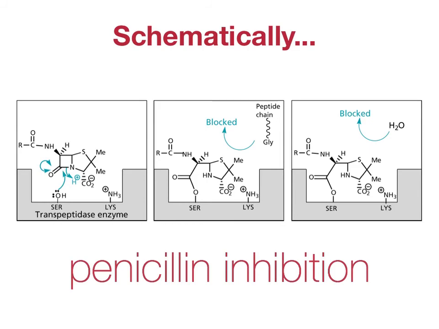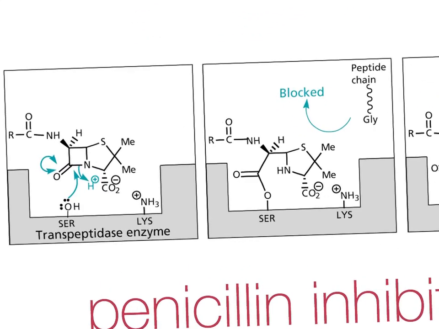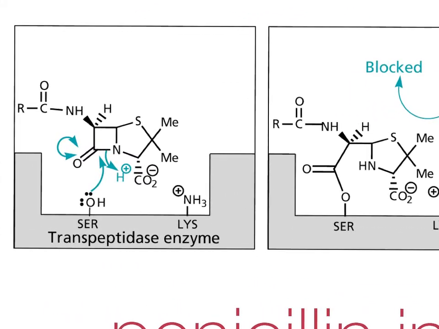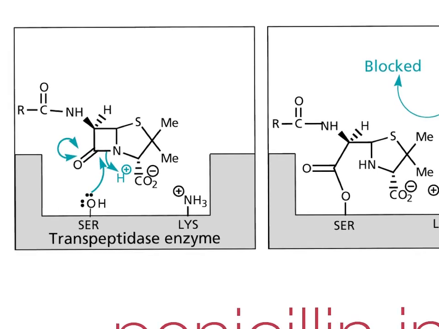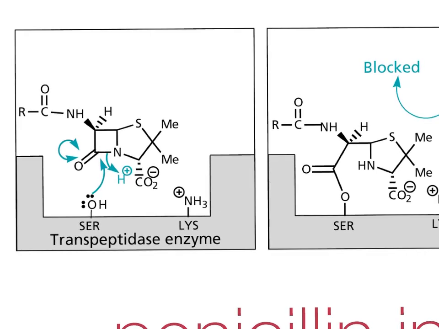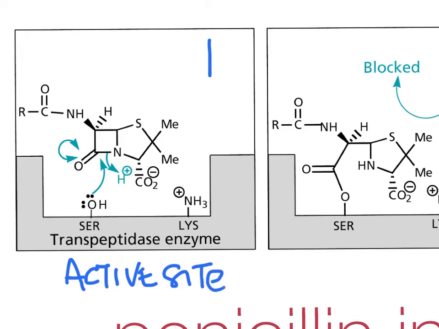Take down all this in a sense. Have a look first. So basically, what happens here? Let me just go through with you one by one, step by step. The first step is in a transpeptidase enzyme, in the active site. So this is the active site. You have serine.